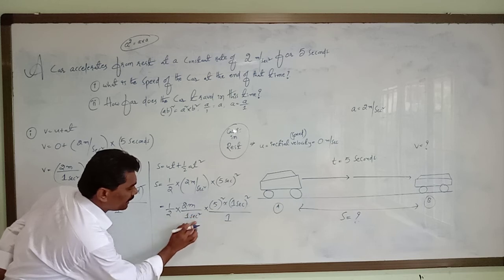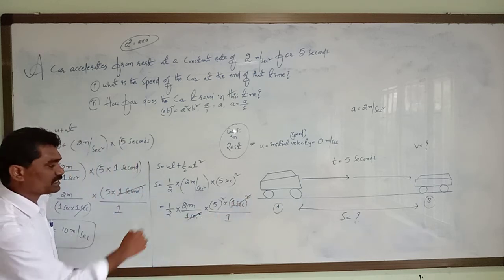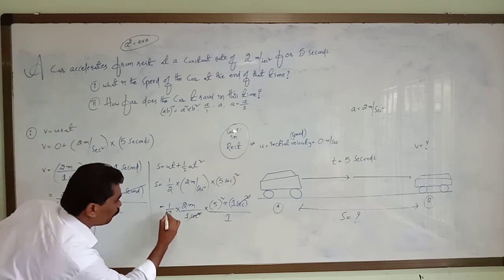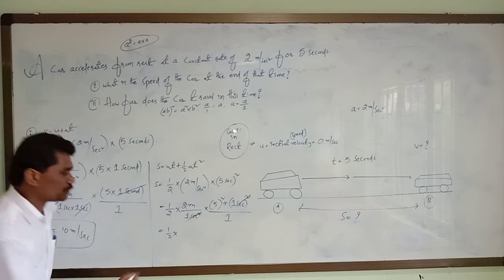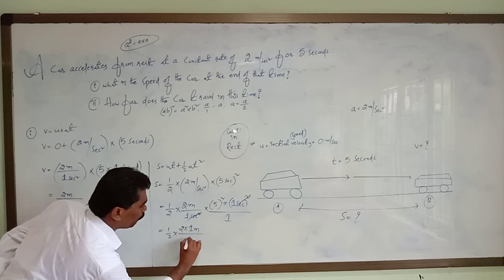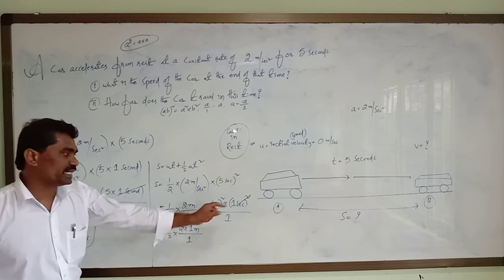Denominator 1 second square is there, numerator 1 second square is there, so 1 second square gets cancelled. So 1 by 2 into 2 meters can be written as 2 into 1 meter divided by 1.